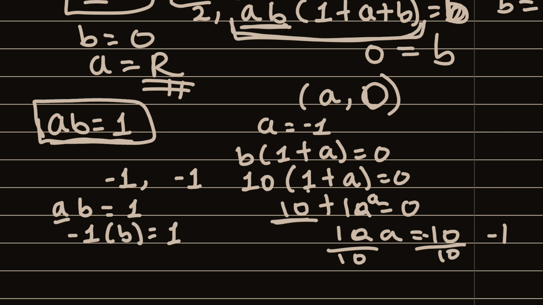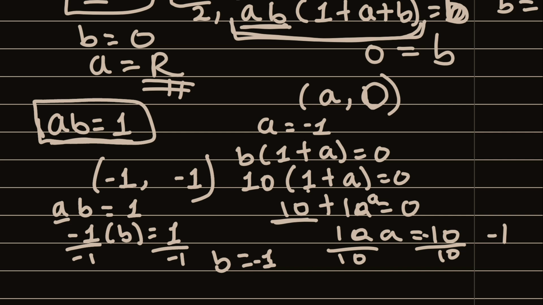To find B, divide over minus 1. So B will be minus 1. So in the second case, when AB is equal to 1, our answers will be -1 and -1. A is -1, B is also -1.